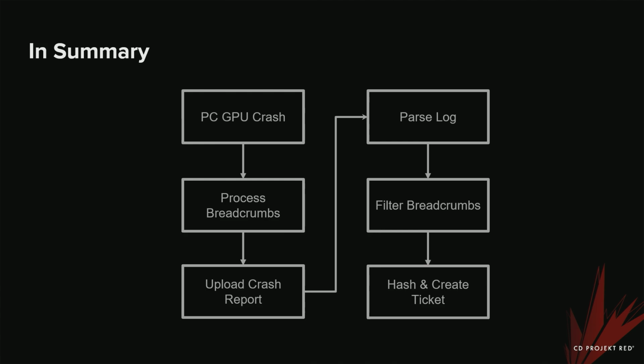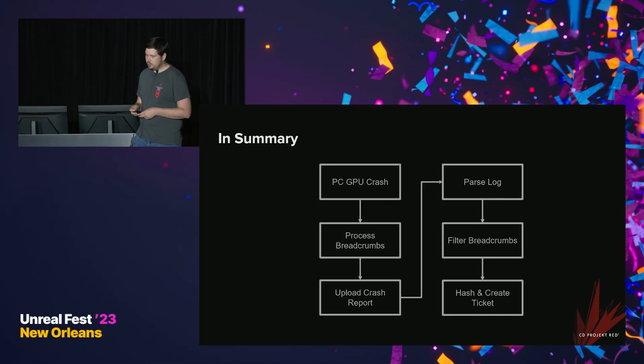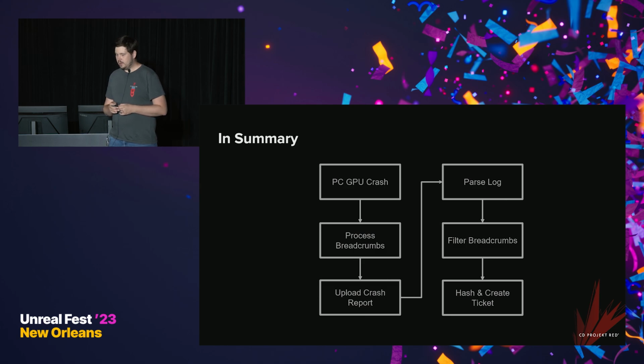So let's summarize how our new approach for grouping breadcrumbs works. First, we have a crash, and then we need to process the breadcrumbs, which means we will filter them and group them based on what we get back from the GPU and only select the relevant breadcrumbs. We then output this to log and upload a crash report.